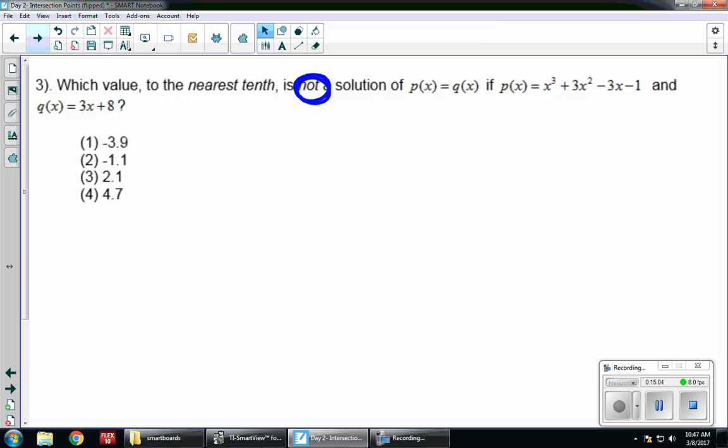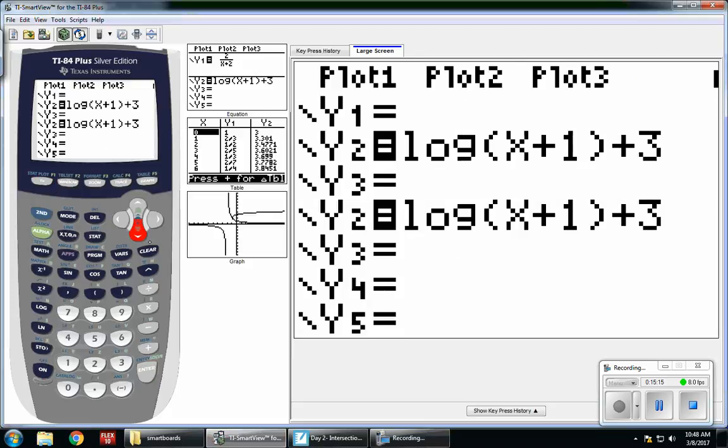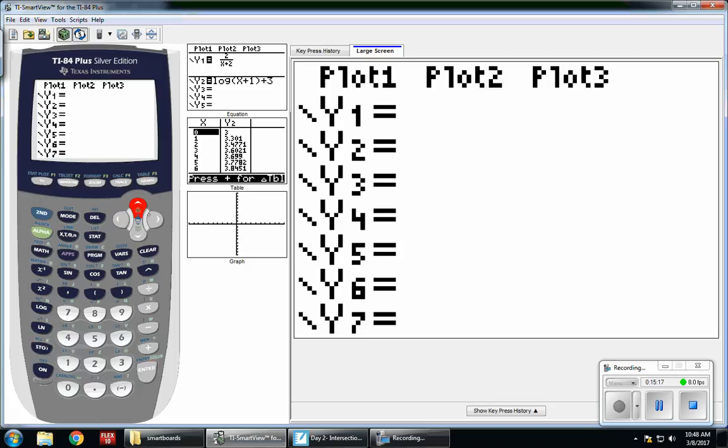So once again, p of x I'm going to put in y1, q of x I'm going to put in y2. So go back to your calculators, go back to your y equals, clear out what you have in there, and type it in on your own while I type it in up here.